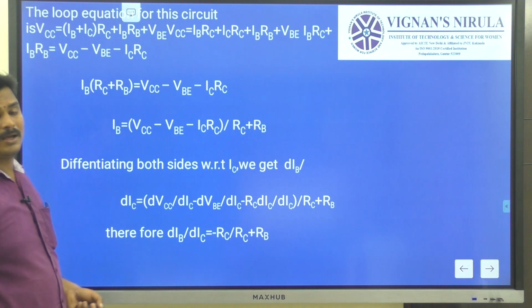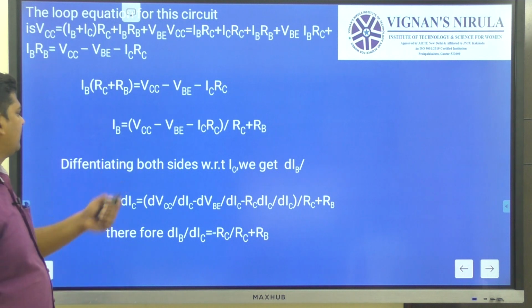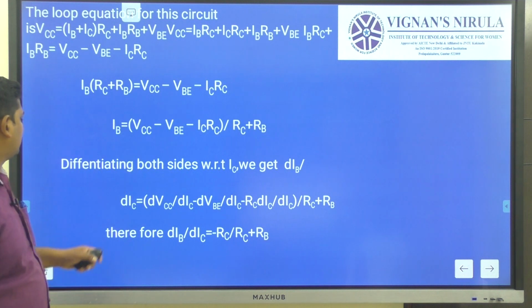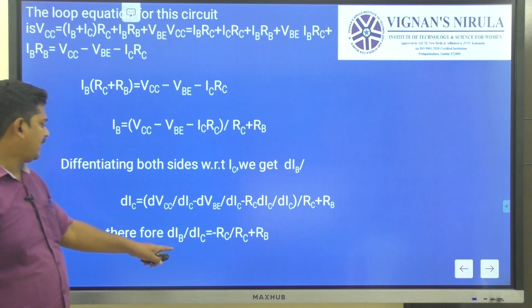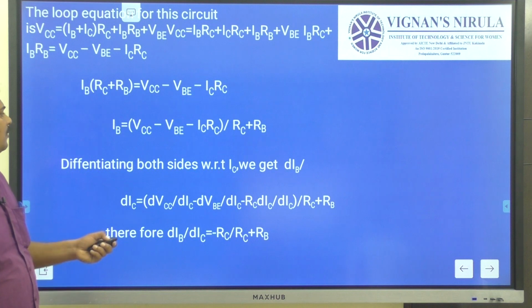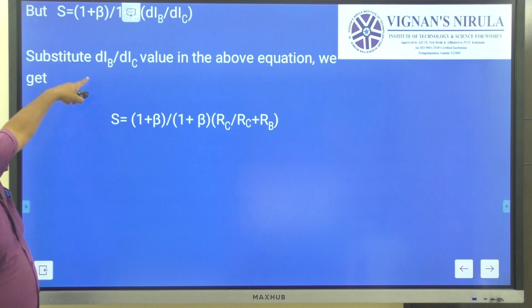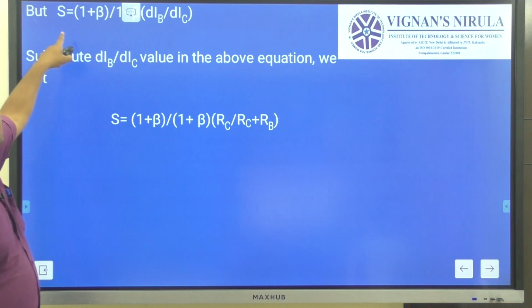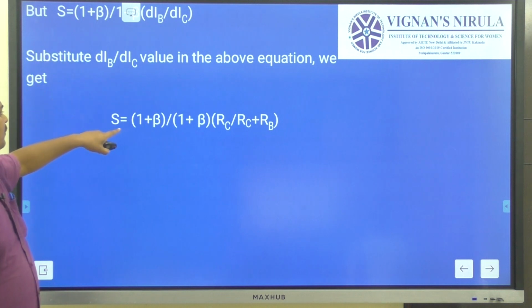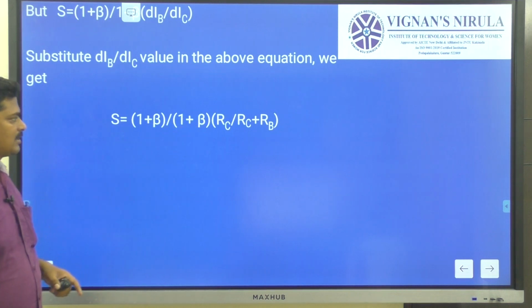Now, by considering the stability factor, if you differentiate the base current with respect to the collector current, we get dIB by dIC equal to minus RC by RC plus RB. Substituting this value of dIB by dIC in the stability factor S, we get S equal to (1 plus beta) into RC by RC plus RB.